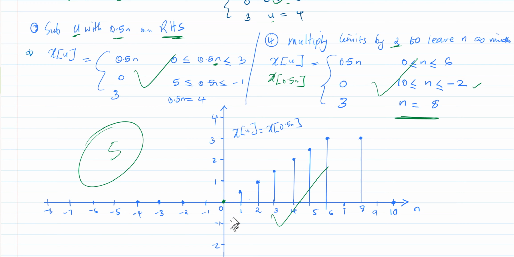Then when n is 1, the value will be 0.5. When n is equal to 2, 2 times 0.5 becomes 1. So you can see we are getting these values directly from this equation. And for that range between 0 and 6, the value takes half of the value of n.